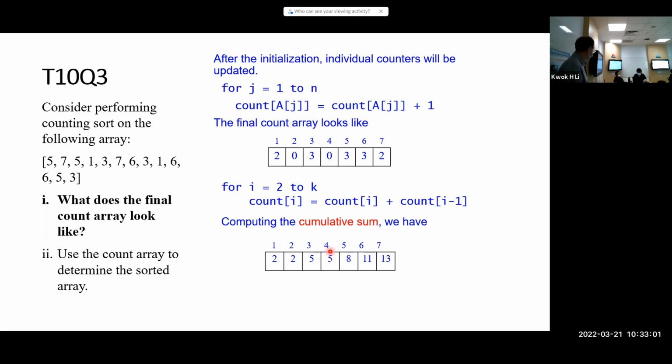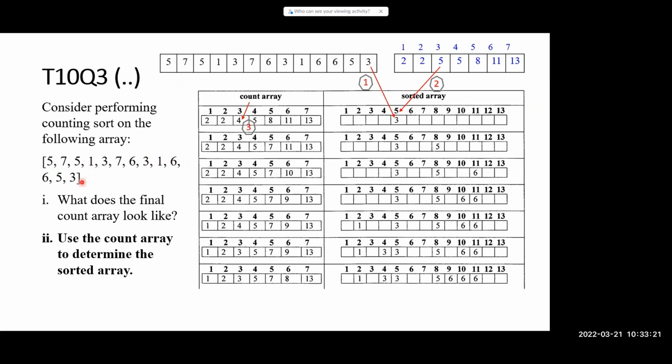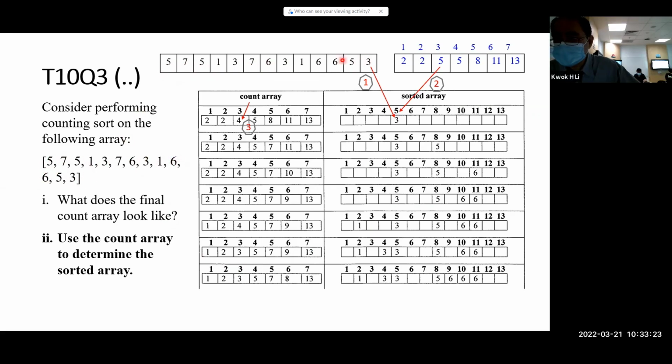Next, how can we make the sorted sequence? The sorted array is on the next page. Let me explain to you. This 5, 7, 5, 1, 1, all of this is the original array of elements. So these 11 elements are here.